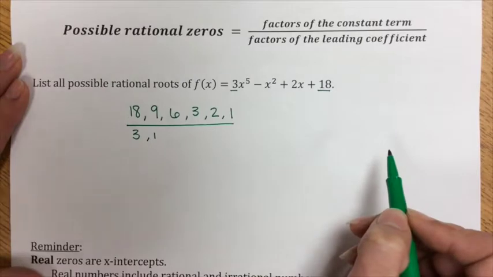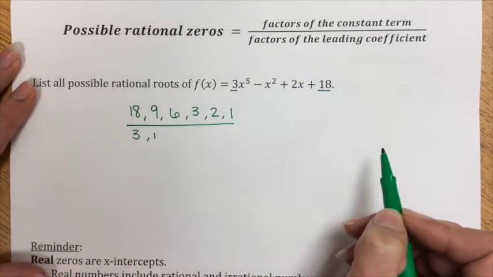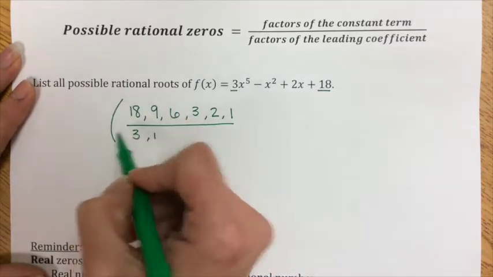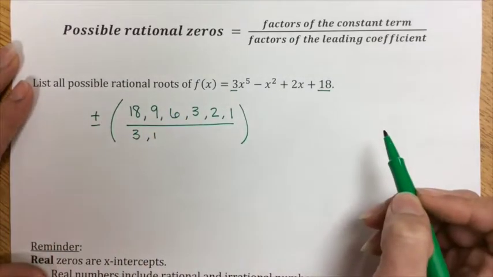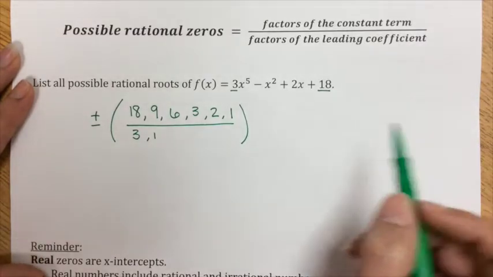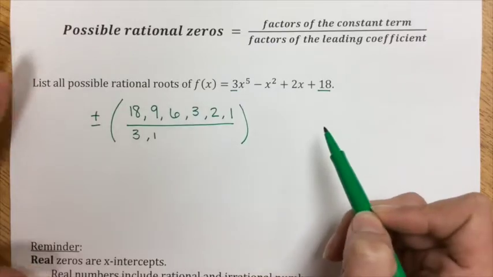Now we want to consider all the positive factors as well as all the negative factors. So we want to think of this as plus or minus out here. We're going to take each number in the numerator and divide it by every number in the denominator.